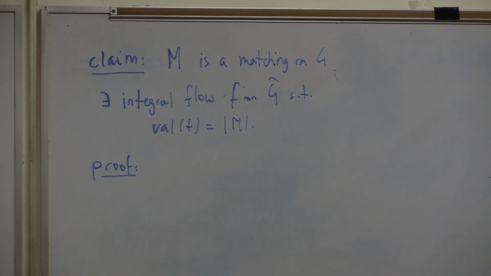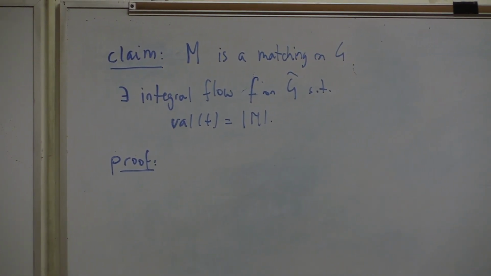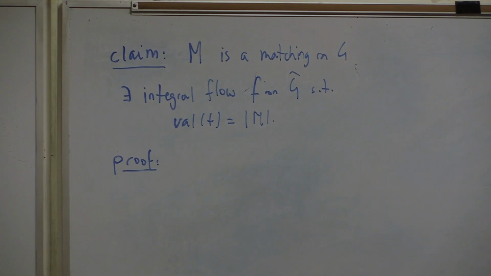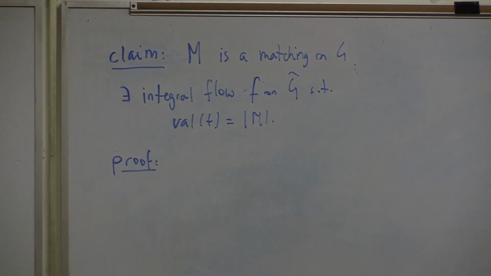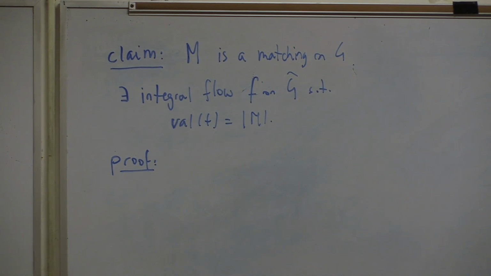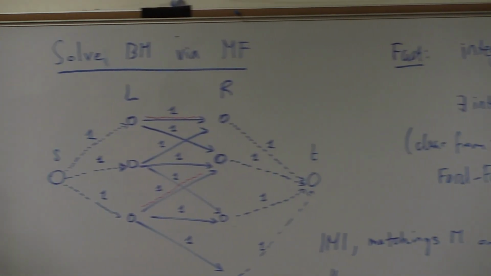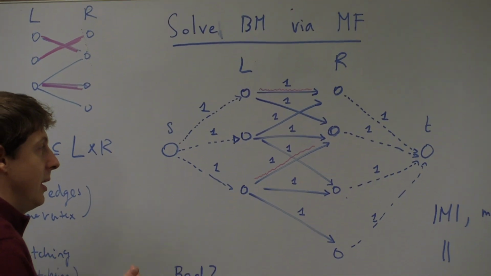Because look, this is the network that we're on, and we have some matching. Say the matching says, it doesn't have to be a maximum matching, it's just some matching, please pick this edge and this edge over here, right? So now we go to the network view, and we need to find an integral flow on the network whose value is the size of the matching.